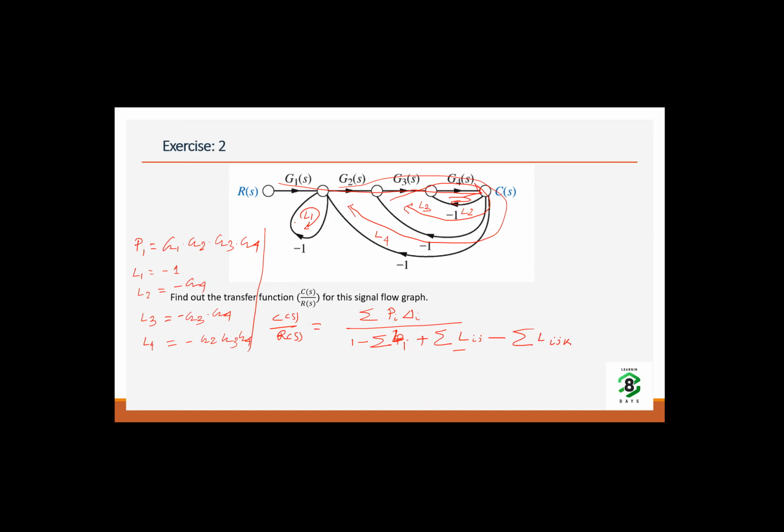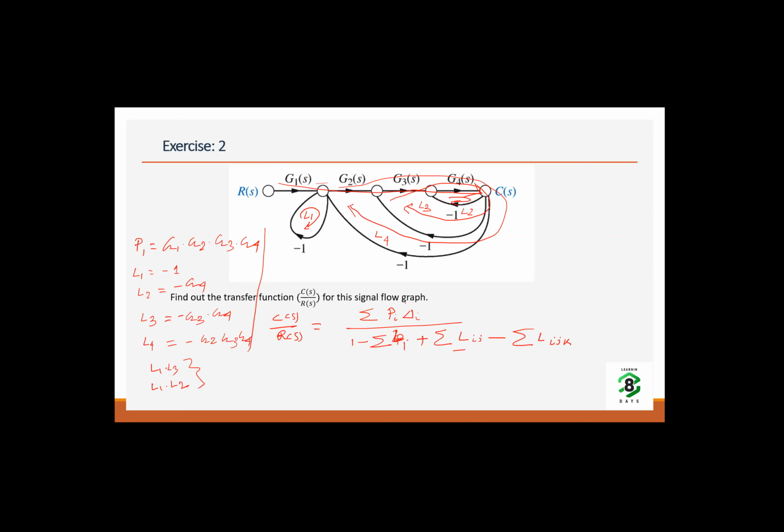Now, if you come back to this diagram, can we identify the combinations of non-touching loops? L1 does not share any node with L2 and L3. So we will have 2 combinations, L1, L3 and L1, L2. L4 is sharing this node, so they do not have the non-touching property.